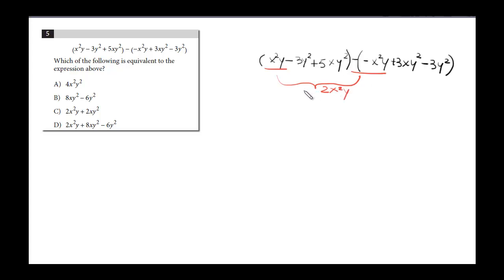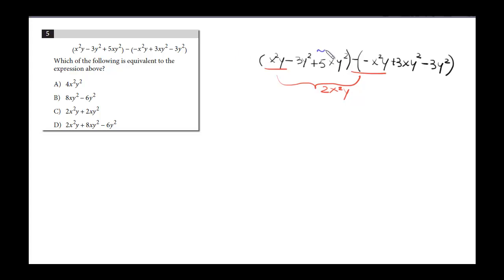So answer A doesn't contain 2x squared y. Answer B doesn't contain it. We find it in answer C or D. Now the difference will be made by xy squared. Let's see what the coefficients of xy squared are.